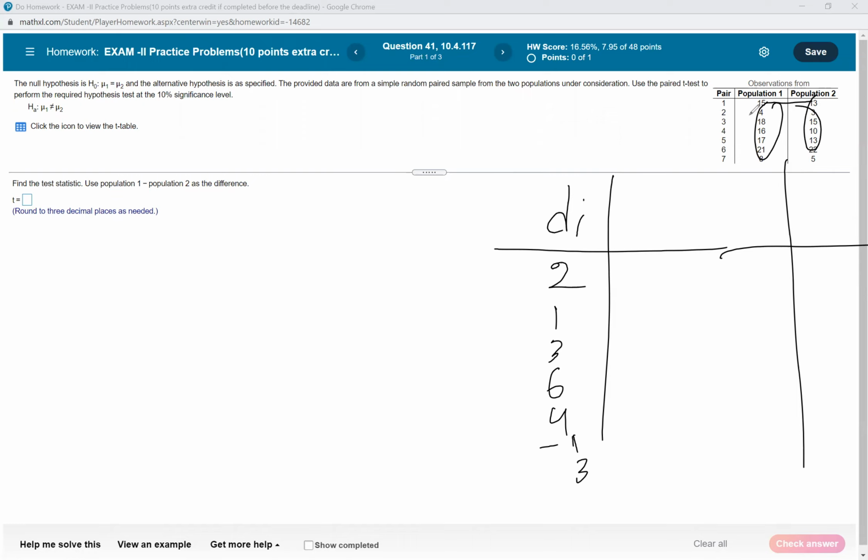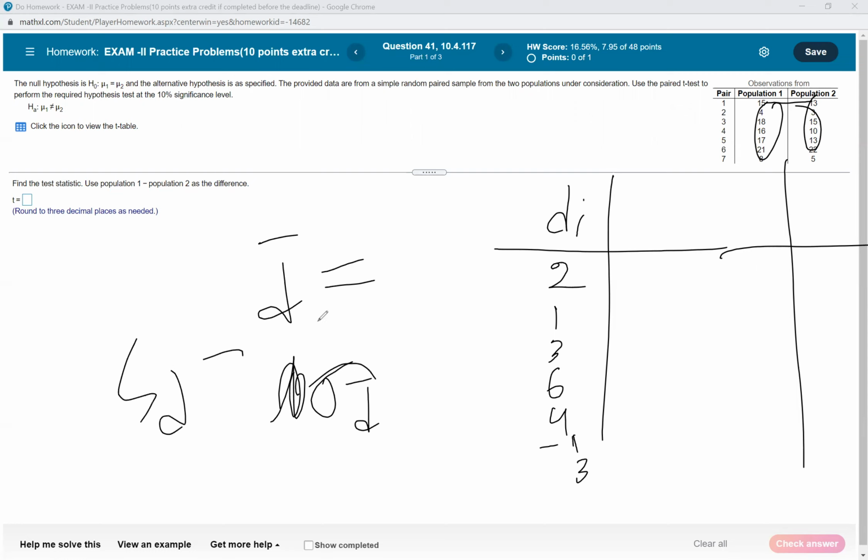Then you will calculate D bar, the sample mean for this one. Then you will calculate SD, the sample standard deviation of the differences. Then you can use the test statistic. This test statistic t observed is equal to D bar minus the hypothesized value.